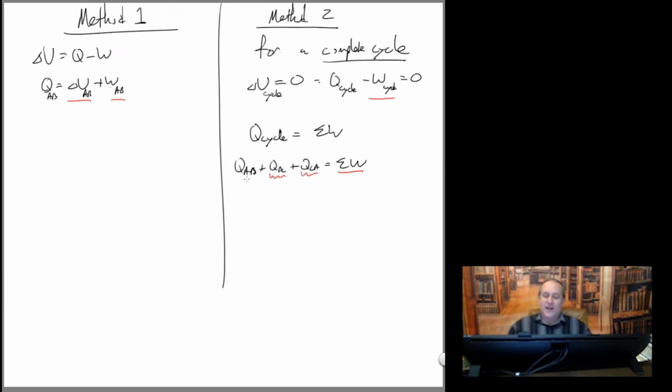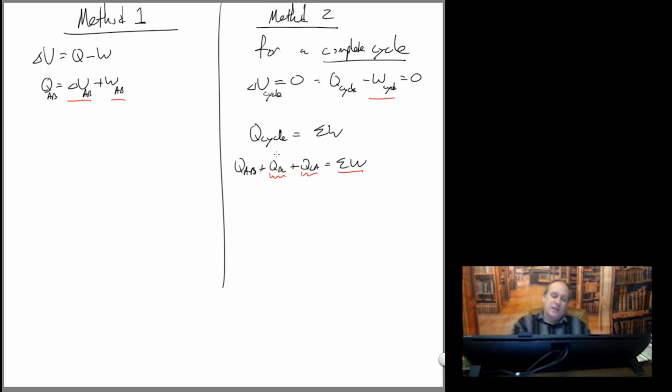And that will let us find the QAB. So it's the same amount of work either way. We have to compute two different numbers and add them together to find the QAB. Doesn't matter to me which method. I think they're both just as good. So I don't know. Let's do the first method.